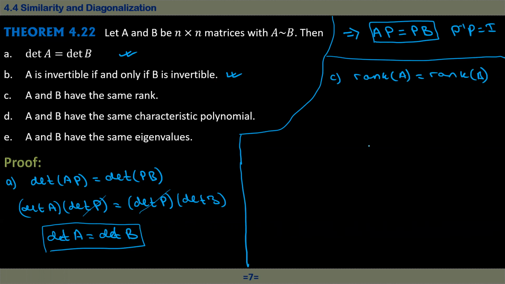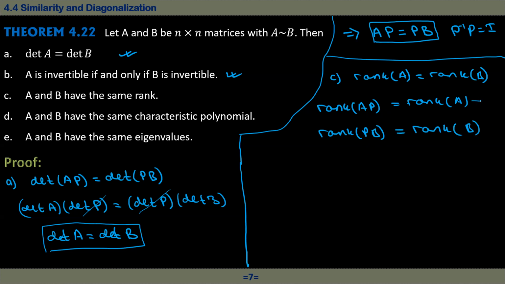Okay. So now we'll get this from here. Here we have the rank of AP. That's equal to the rank of A if P is an invertible matrix. Why? Because the null space of AP is the same as the null space of A. And also the rank of PB is equal to the rank of B, because the null space of B is the same as the null space of PB.